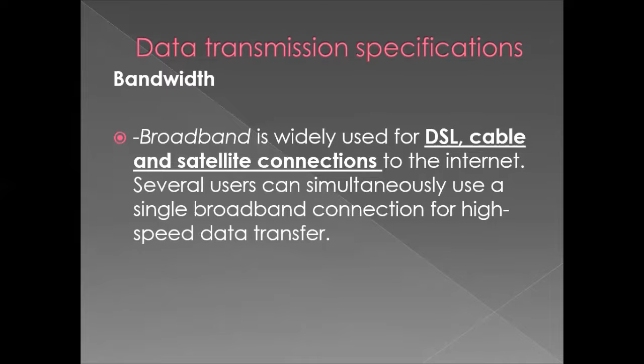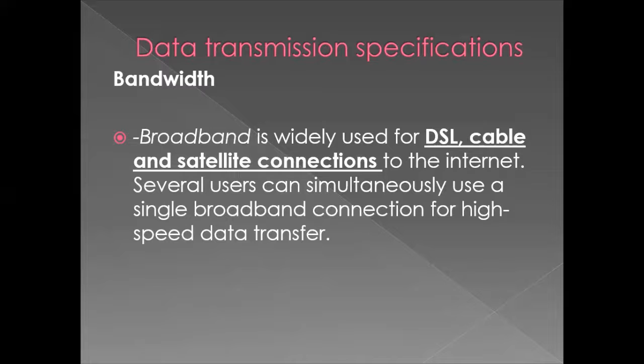Now let's see broadband. Broadband is widely used for DSL, that is digital subscriber line, cable, and satellite connections to the internet. So this one is able to connect to satellites, that means wireless. Several users can simultaneously use a single broadband connection for high-speed data transfer.